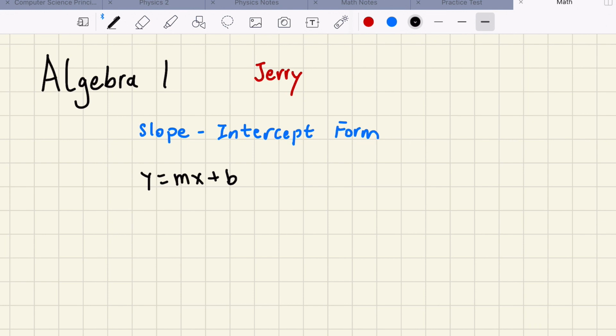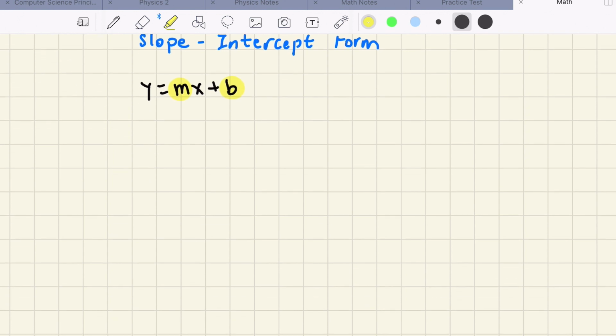This is the form for slope-intercepts, and here m and b can be any two real numbers. For example, these are linear equations in slope-intercept form: y equals 2x plus 1, or y equals negative 3x plus 2.7.